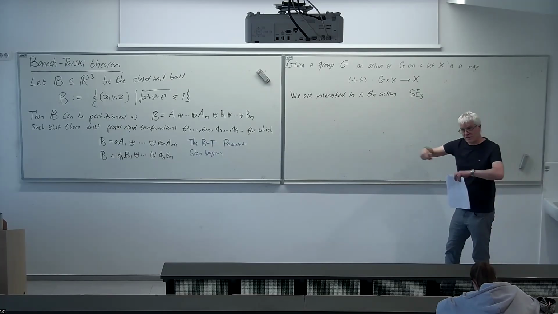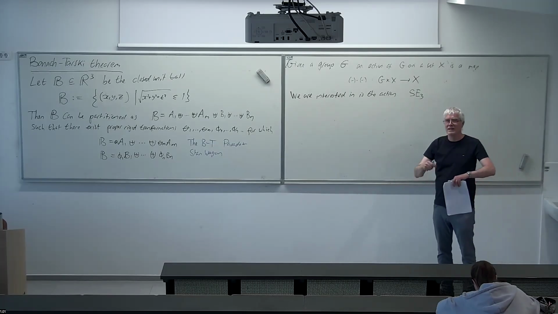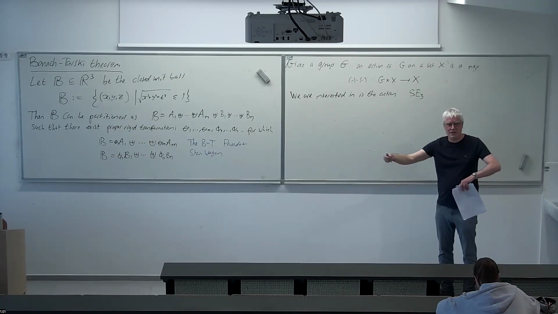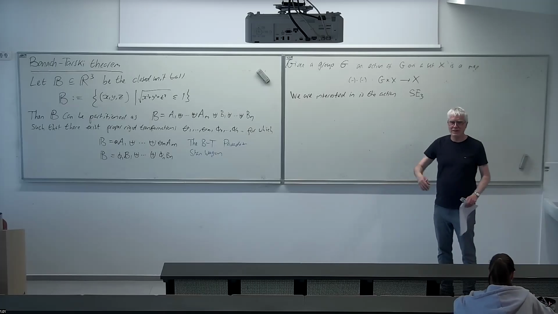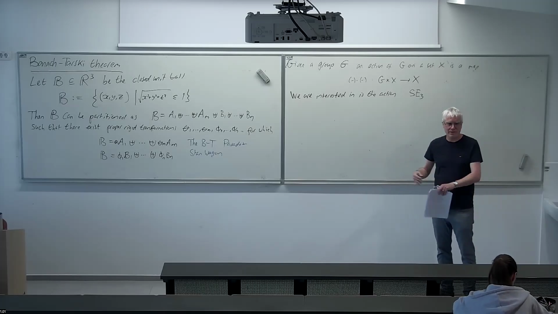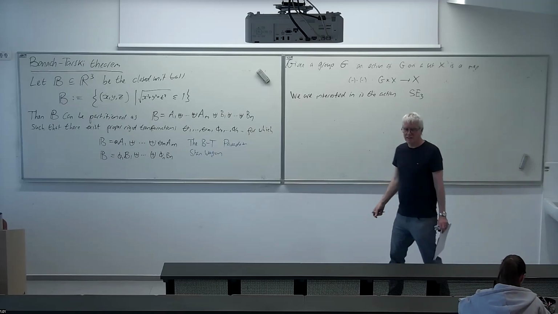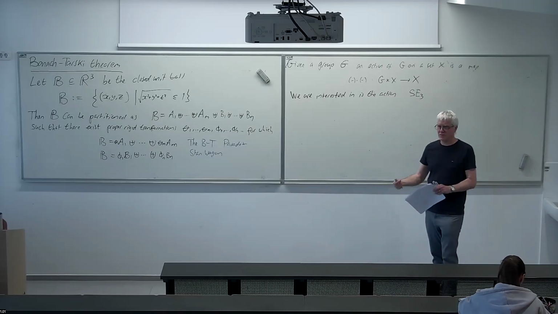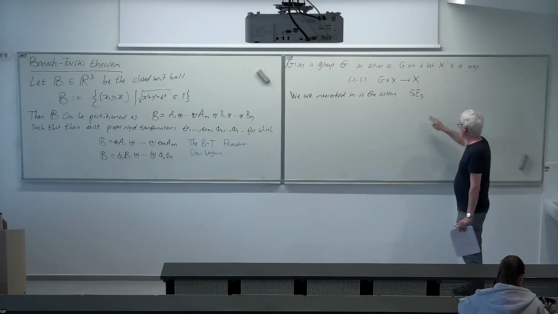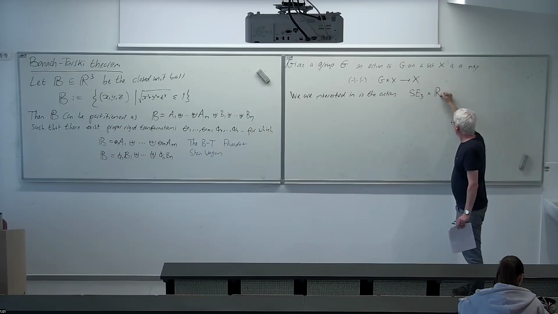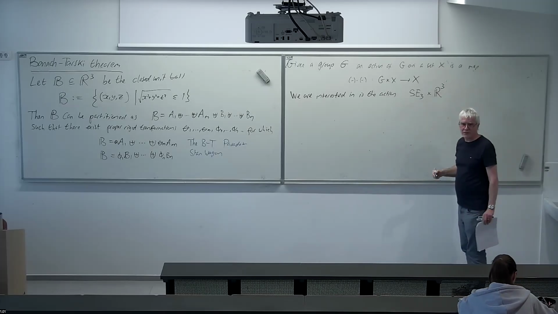Every rigid transformation is a combination of translations and rotations. Such things form a group because you can always undo them, so they have inverses, and the identity of the group is just the transformation that doesn't move anything.